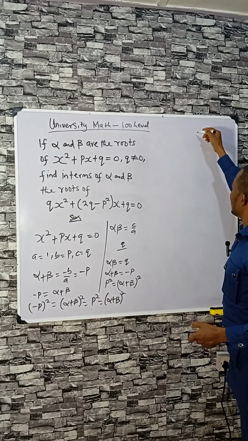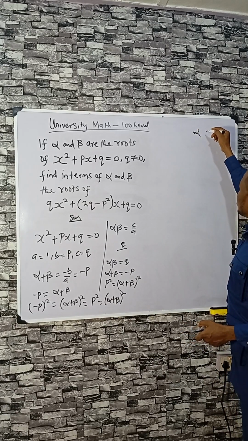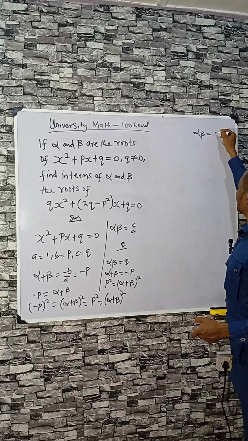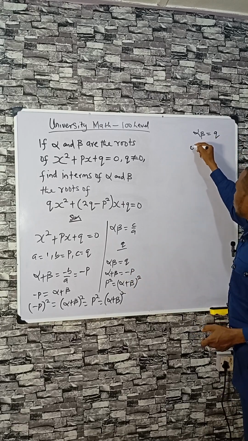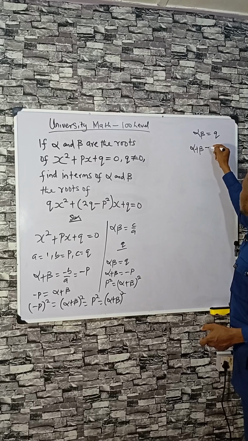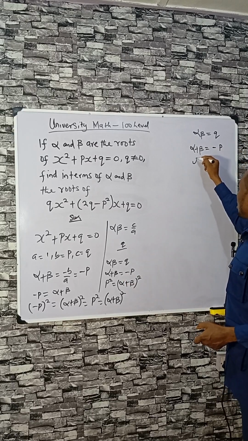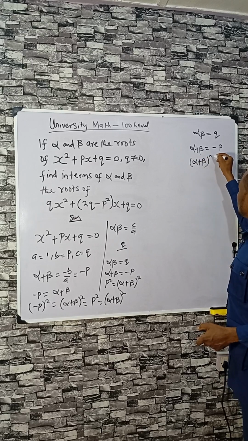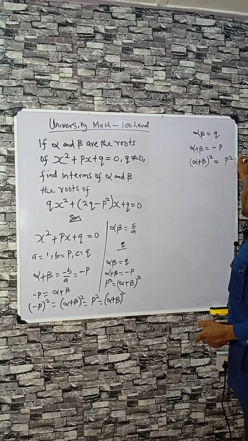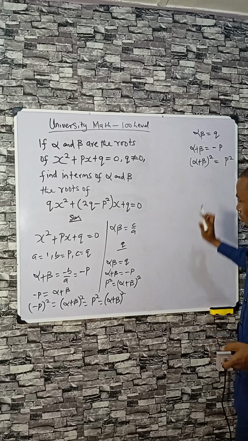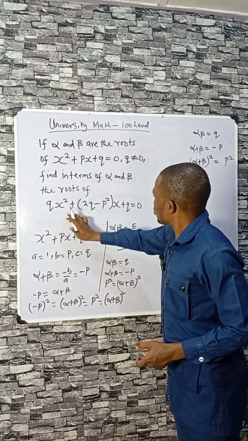Let me write them here. Alpha times beta, that is q; alpha plus beta to be what? Minus p, while alpha plus beta all squared is our p squared. We keep them here.